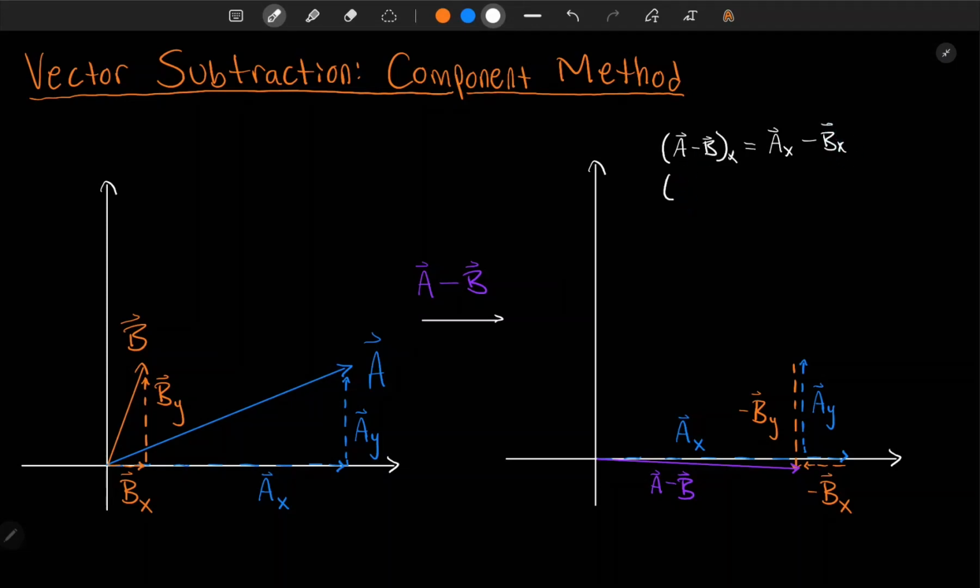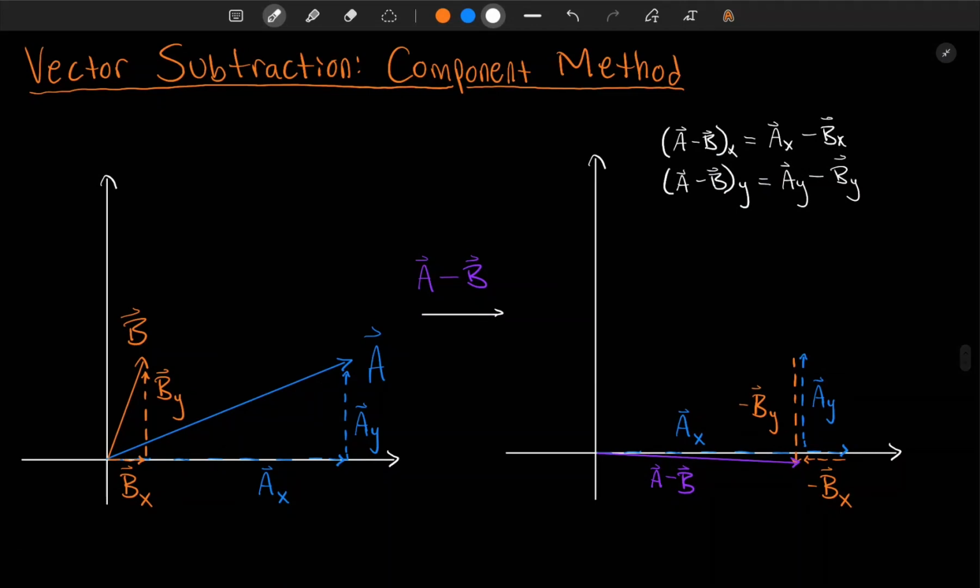And similarly, a minus b, the y component, is equal to ay minus by. So all I've done is I've taken the length of by and bx, and I've just made it negative. And then we add them the way we usually do. And wherever the new x and y components are, those are the x and y components of the resultant vector. And that's how you add and subtract vectors.